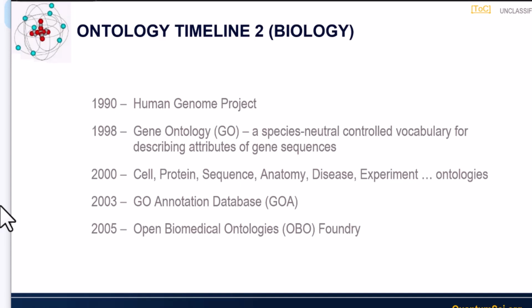It transformed the human genome data into a body of content that could be accessed by biologists, clinical scientists, and anybody working in the life sciences to address specific needs. For instance, researching specific kinds of cells or proteins or diseases or experiments.